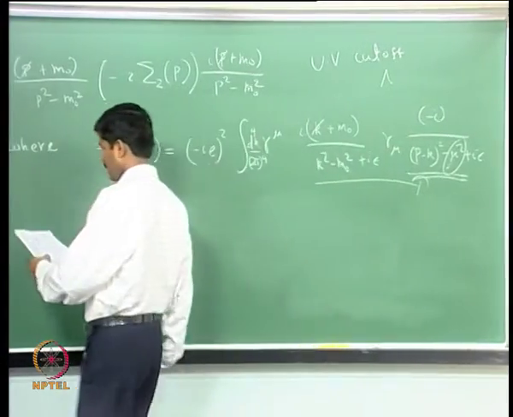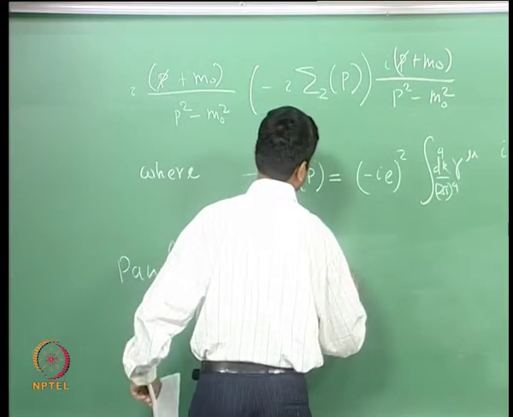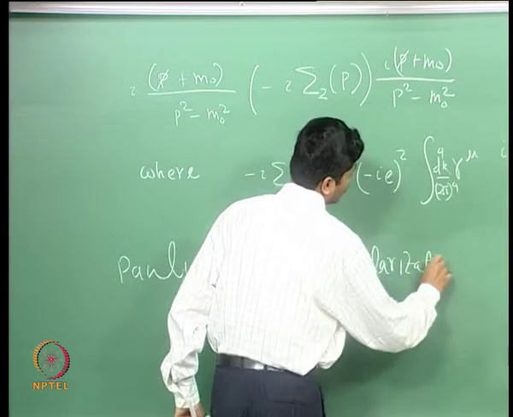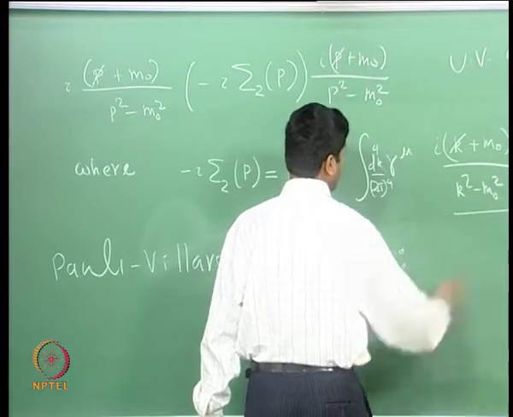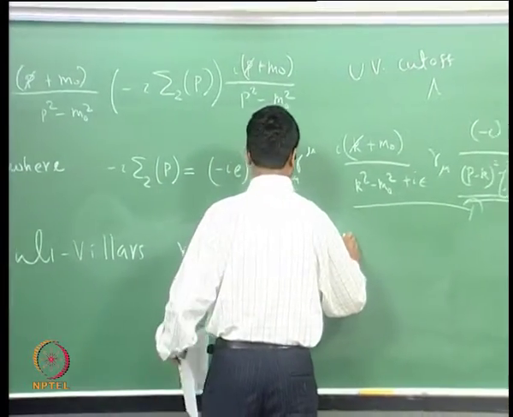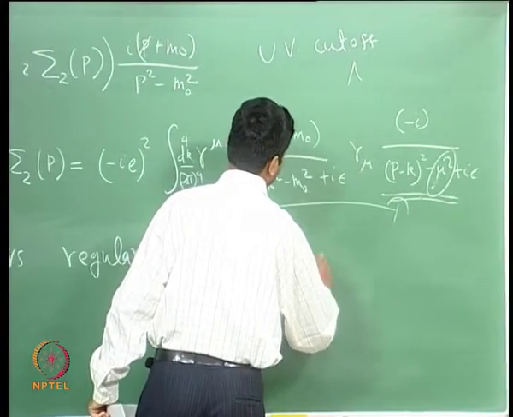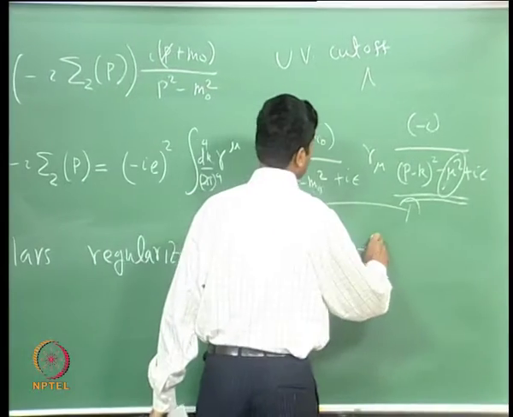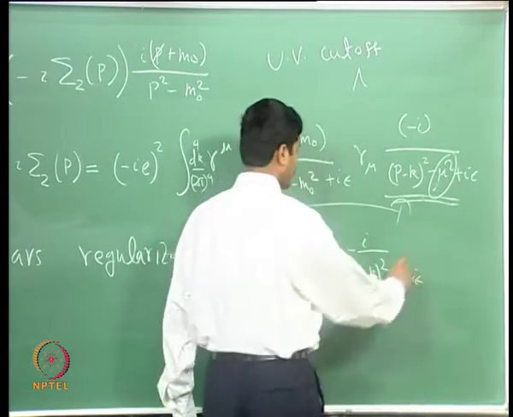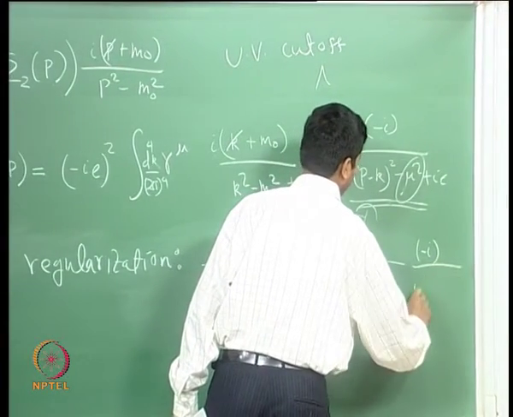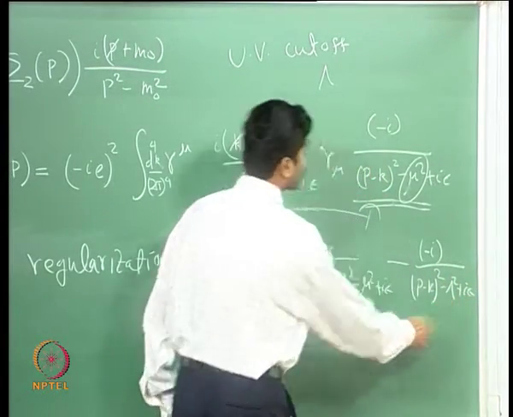In the Pauli-Villars regularization, you introduce a UV cutoff to the photon momentum, and that simply amounts to replacing this photon propagator, minus i divided by ((p minus k) whole square minus mu square plus i epsilon), by minus i divided by ((p minus k) whole square minus mu square plus i epsilon) minus minus i divided by ((p minus k) whole square minus lambda square plus i epsilon), where this lambda is the UV cutoff.